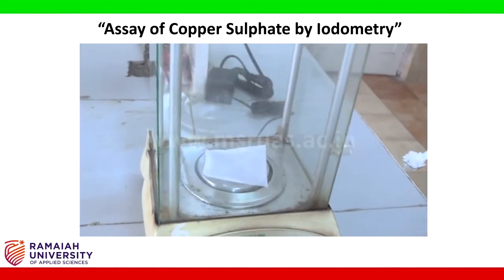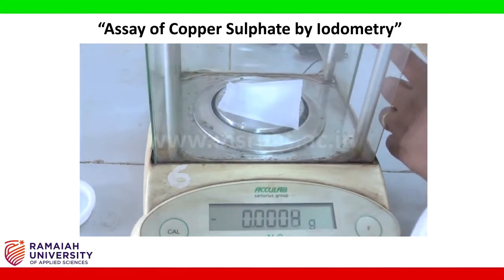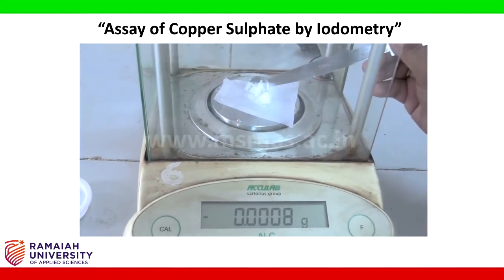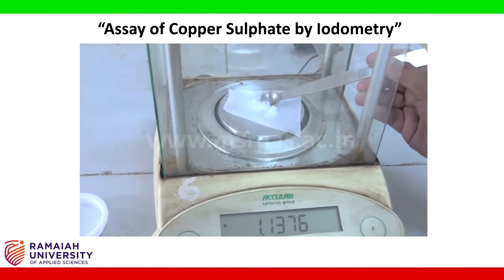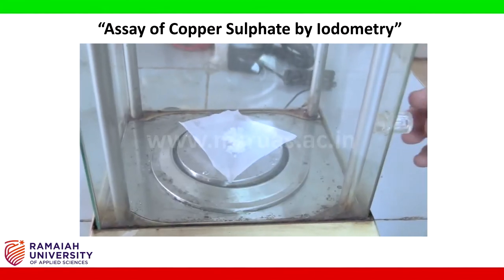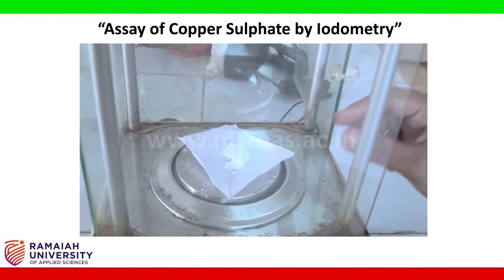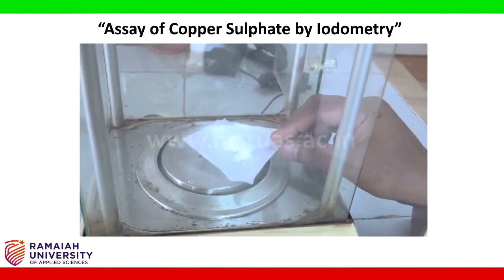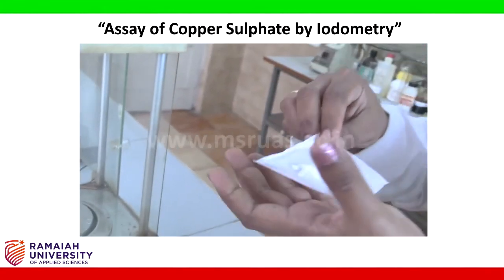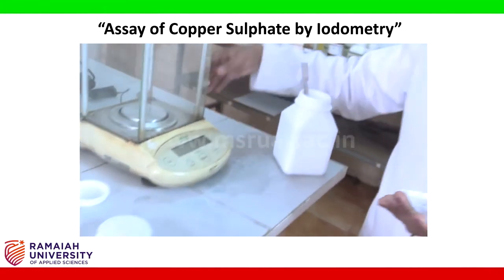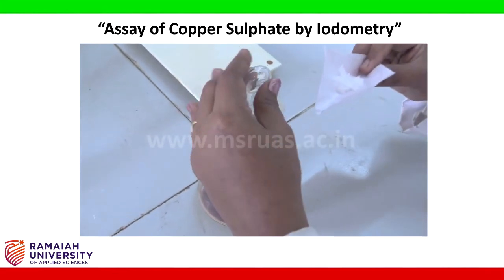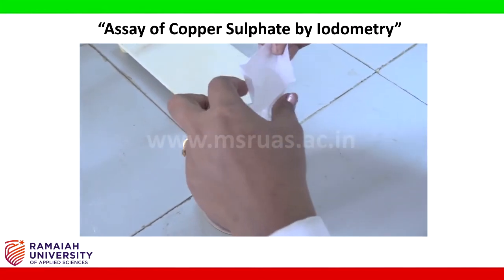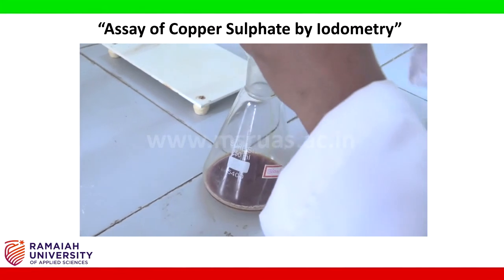Then weigh 1 gram of potassium thiocyanate. Weighed 1 gram of potassium thiocyanate is transferred into 250 ml iodine flask. Stir the solution.